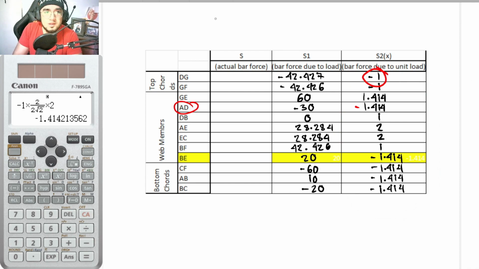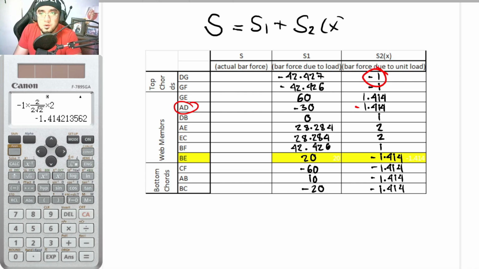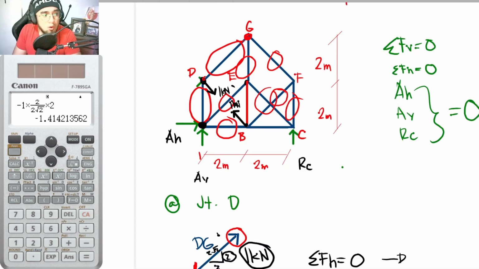Once again, the actual bar force S is equal to S1 plus S2X. Why S2X? S2 is just a unit load, so we need to multiply it by a scale factor X for us to have an accurate answer. Because in S2 we have just assumed a 1 kilonewton load, but that is not really 1 kilonewton, and we do not know that yet.